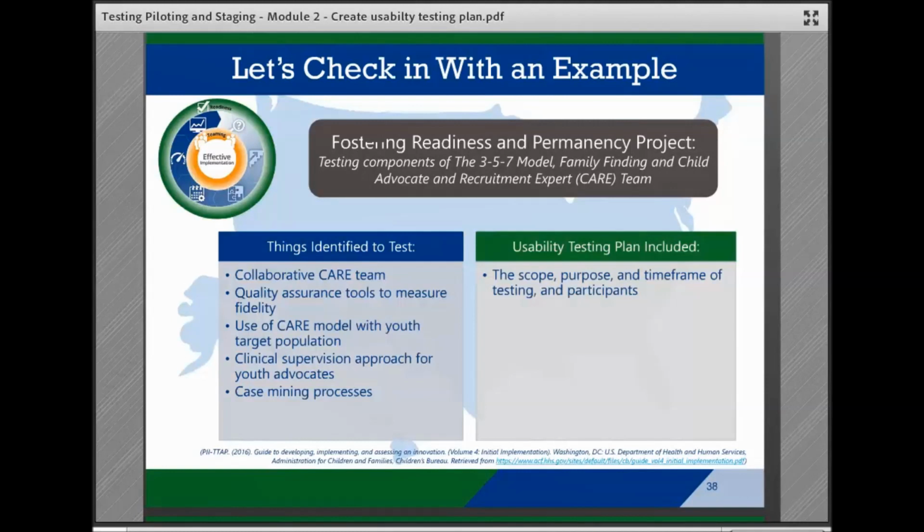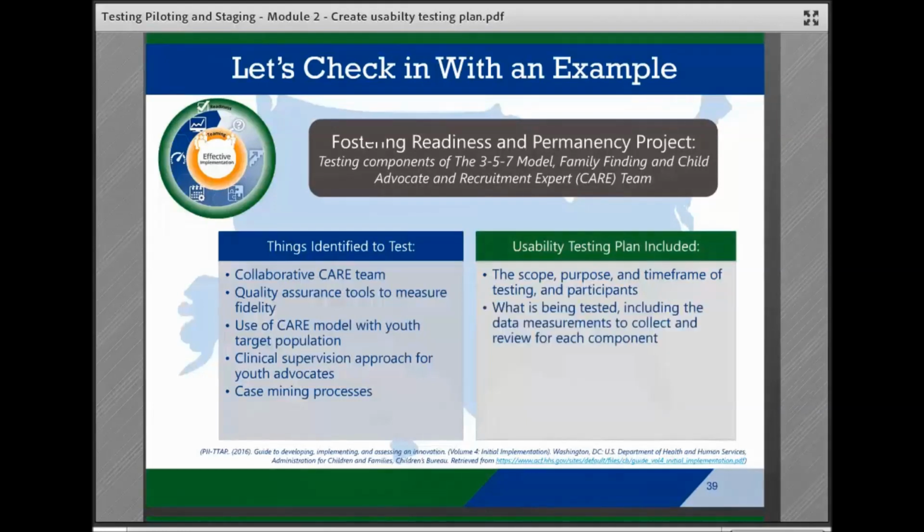The usability testing plan included the scope, purpose, and time frame for testing, and who would be participating in the testing. What components were being tested, including the data measurements to collect and review for each component. The method of testing for each component, for example, surveys, focus groups, or other methods.